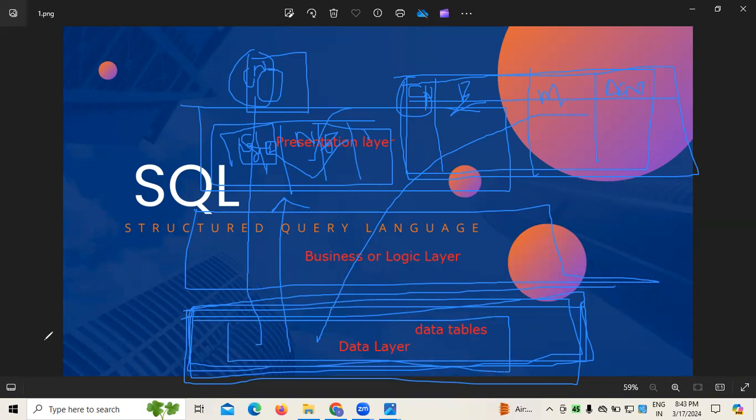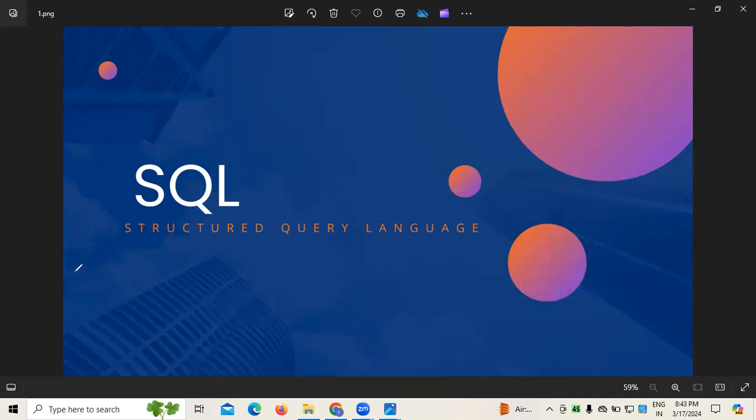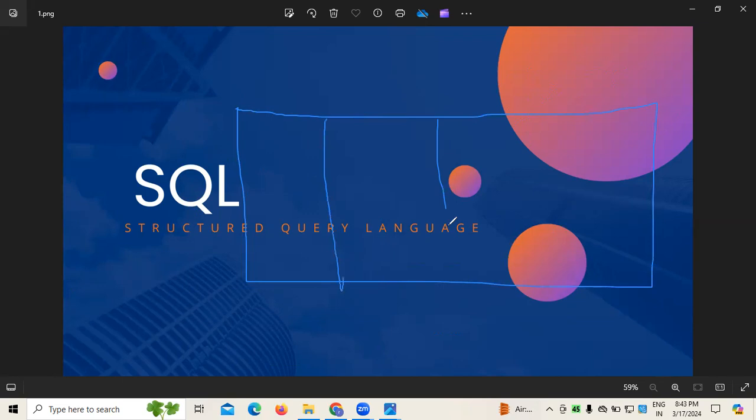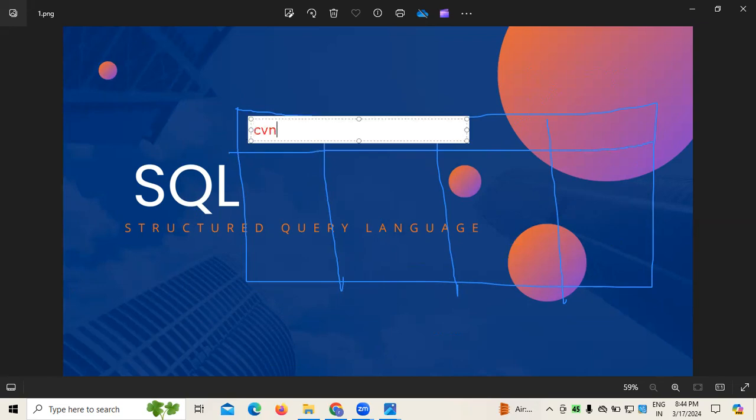Let's say, for example, this is a data table. This data table consists of customer name.